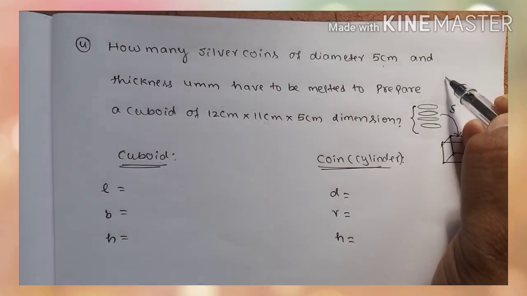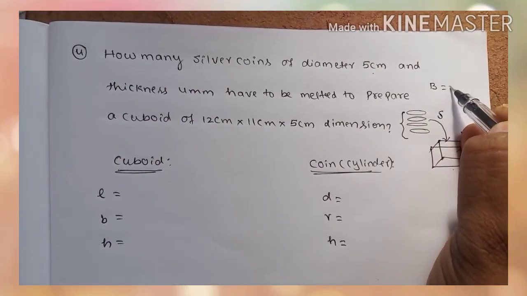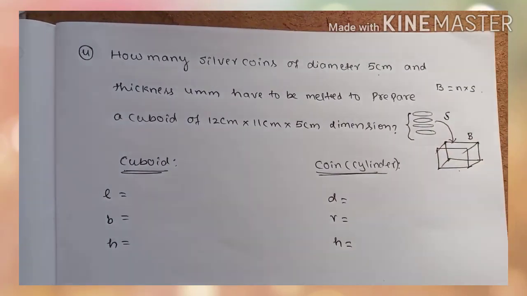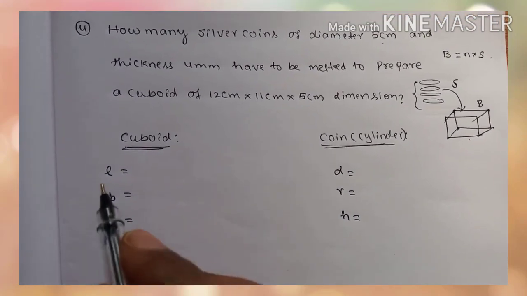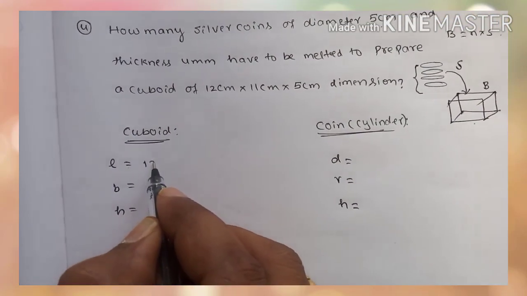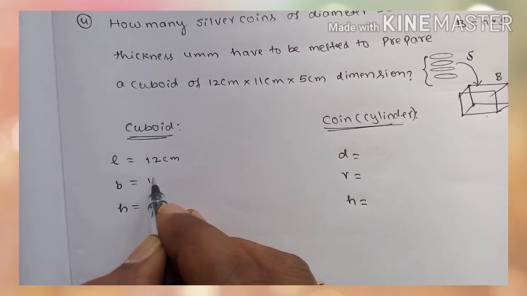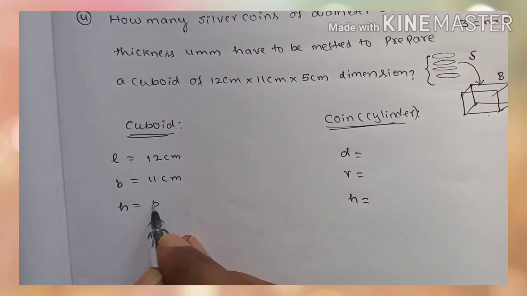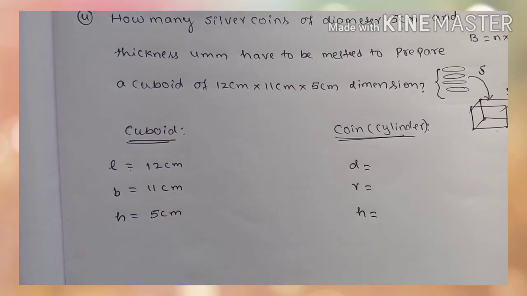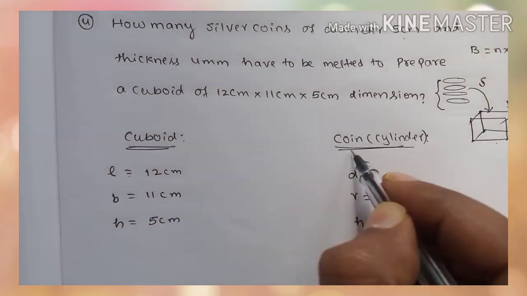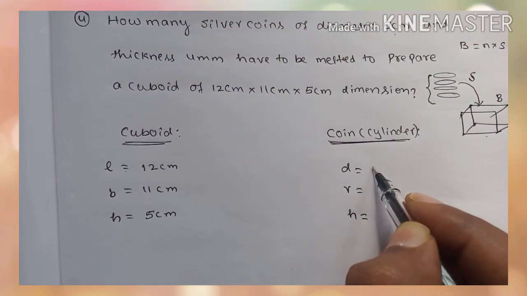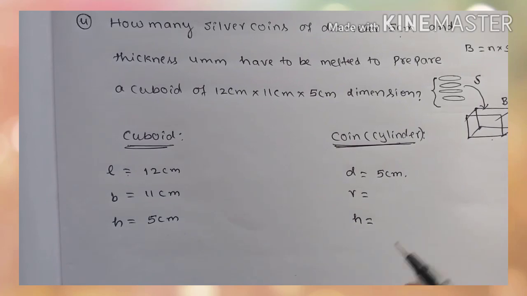We know the relation: big volume is equal to n into smaller volume. Now the dimensions are length 12 centimeters, breadth 11 centimeters, height 5 centimeters. The coin is in the shape of a cylinder, with diameter 5 centimeters.